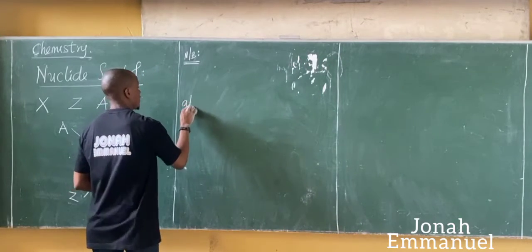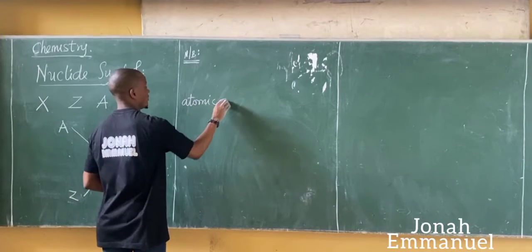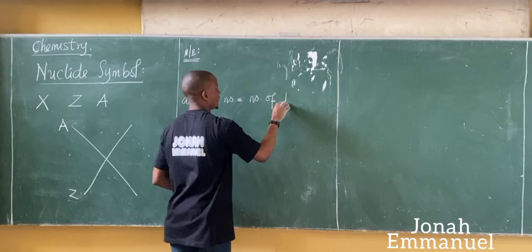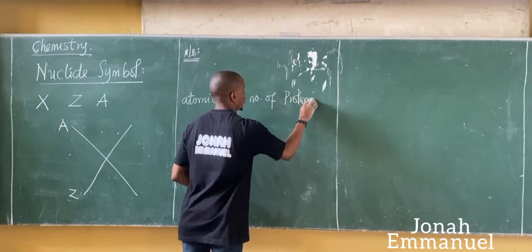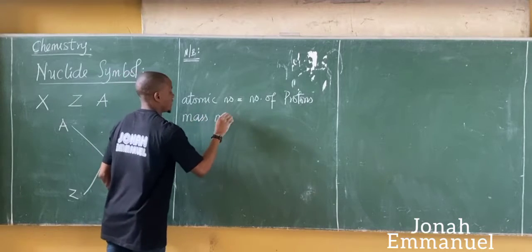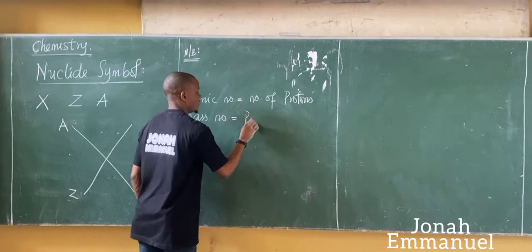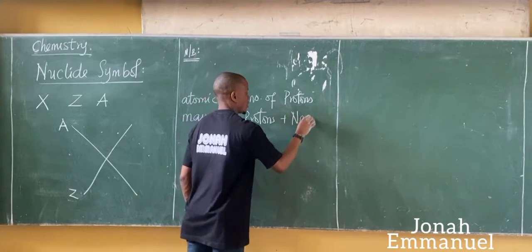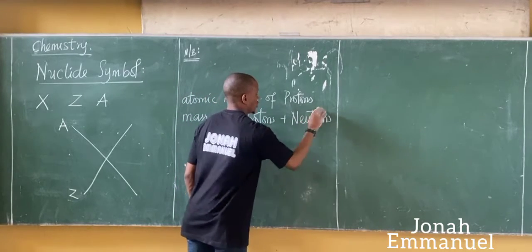So I'm saying that the atomic number is equal to the number of protons, and the mass number is equal to the number of protons plus the number of neutrons.